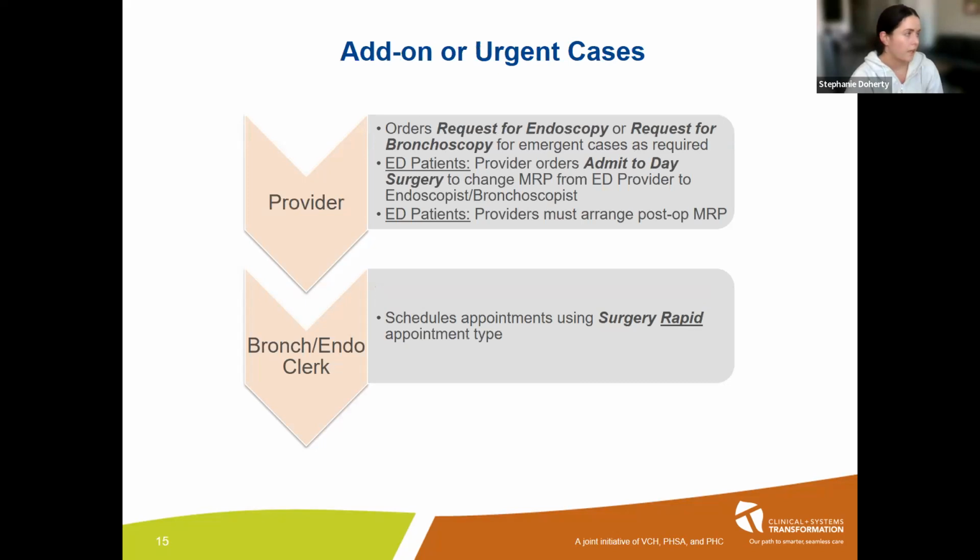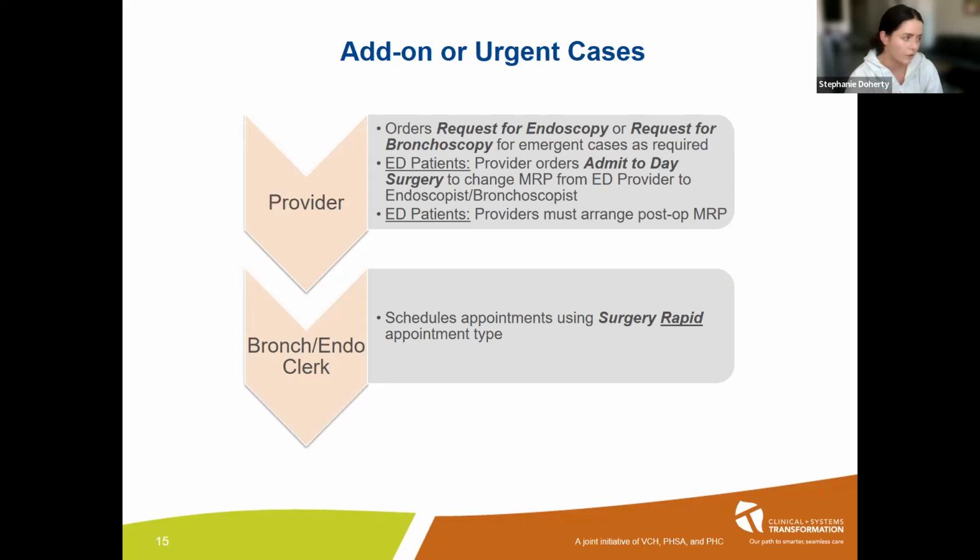Okay. In regards to add-on or urgent cases, the workflow is just a little different. So the provider will order the request for endoscopy or bronchoscopy for emergency cases as required. Specifically for ED patients, the provider orders admit to day surgery, which changes the MRP from the ED provider to the endo or bronch provider. They must arrange post-op MRP as well.